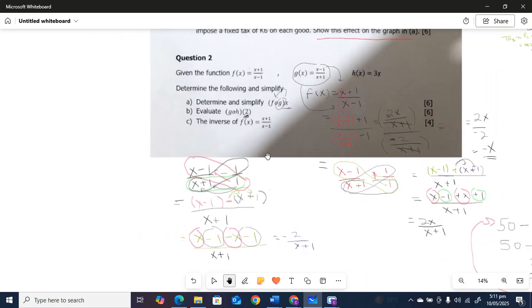So for example, if x was 4 here, this answer would have become negative 4 as our answer.